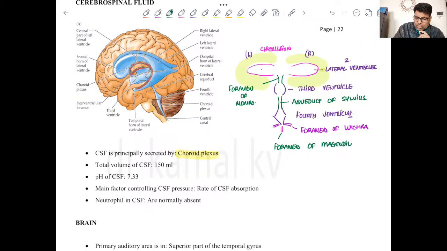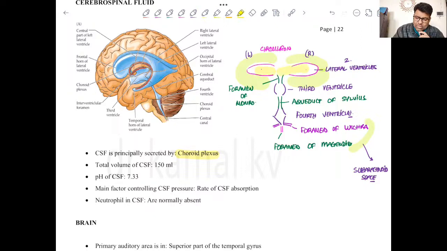And through these Luschka and Magendie channels, the CSF finally reaches into subarachnoid space, which is surrounding the cerebral hemispheres and the spinal cord. Clear? So this is the circulation of CSF.